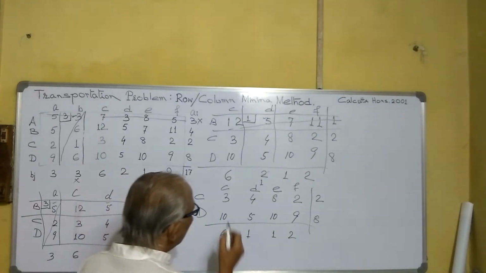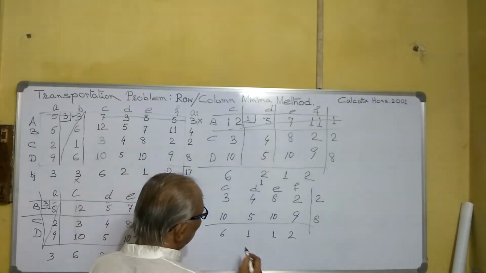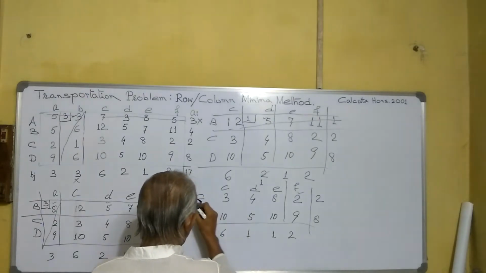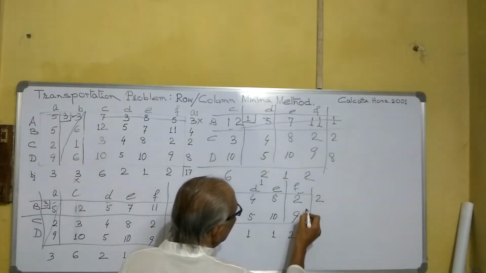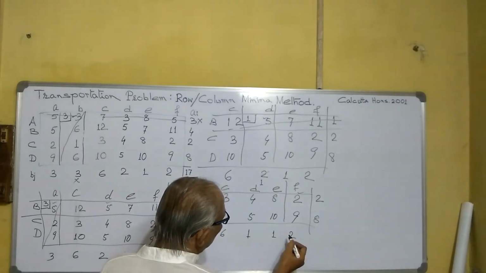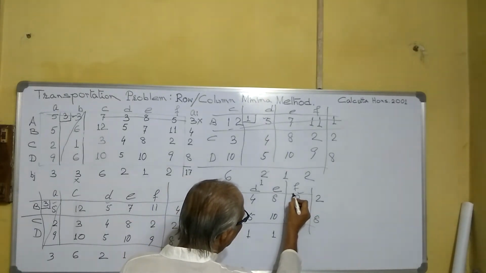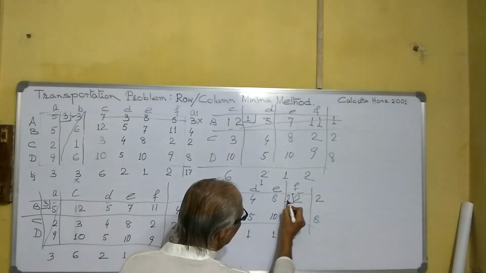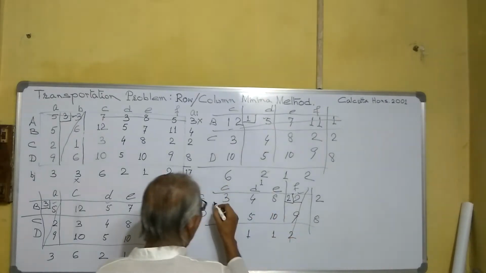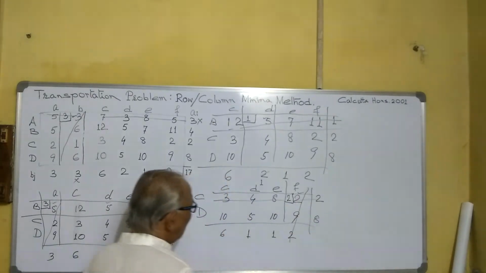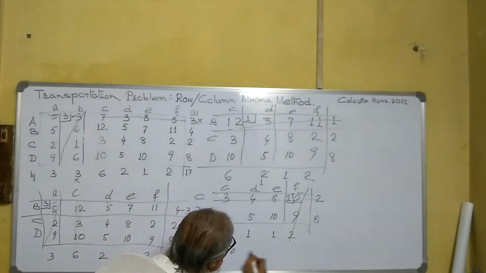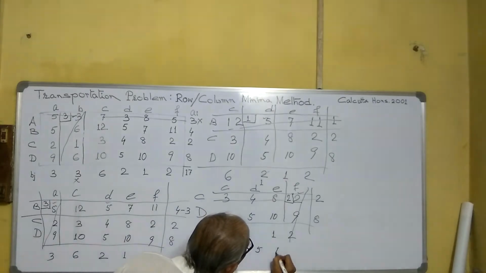Okay. Now see again in this, which is the smallest? Here 2 is the smallest, and here available is 2, requirement is also 2. So we will supply 2 here. If we are supplying 2, now this is finished and this is also finished. Now what remains? These 3 remain only: 10, 5 and 10.